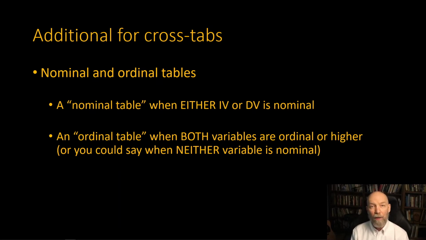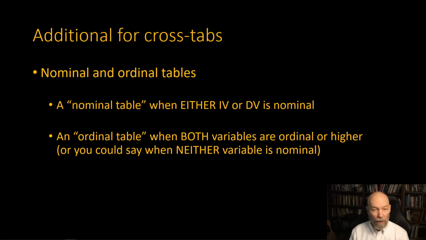Either the independent or the dependent variable is a nominal variable. So if either variable is nominal, we're going to call that a quote-unquote nominal table. An ordinal table is going to be a table where neither variable is nominal. Or you could say when both the independent and the dependent variable are ordinal or higher.